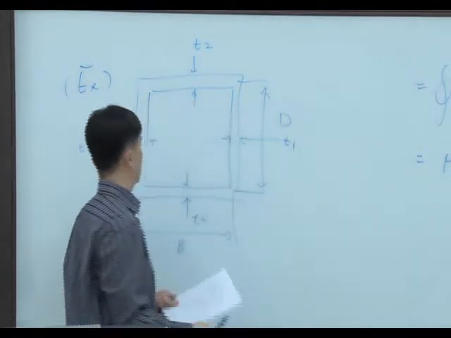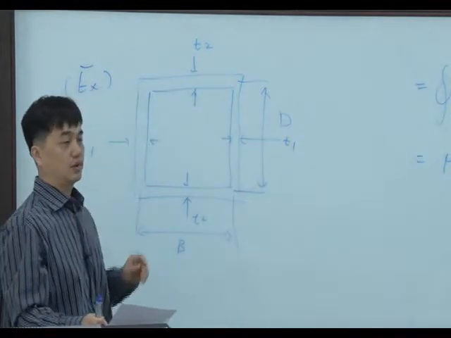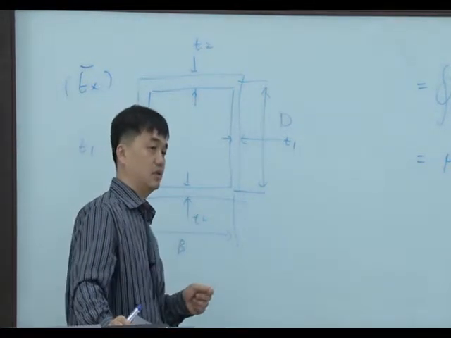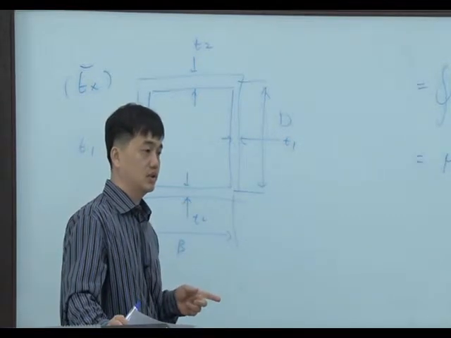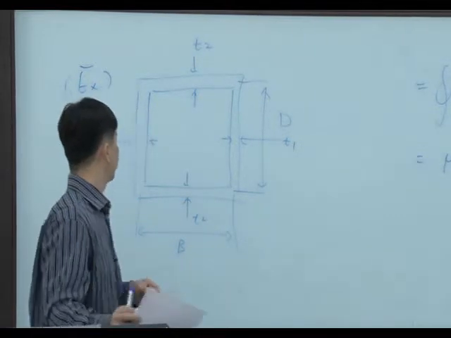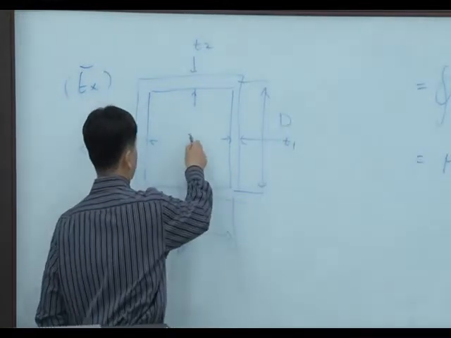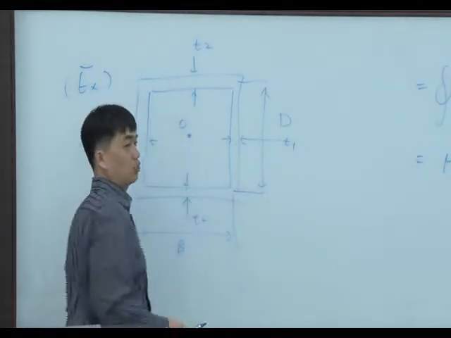So for the left wall and right wall, thickness is T2. For the top and bottom wall, thickness is T1. And the center of twist is here. This is O.